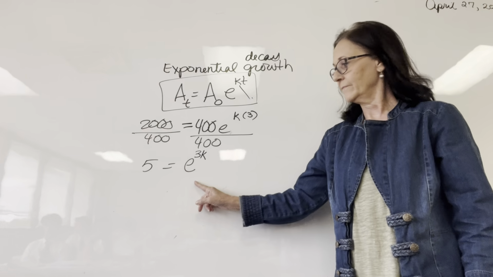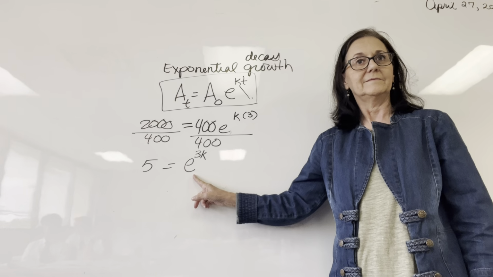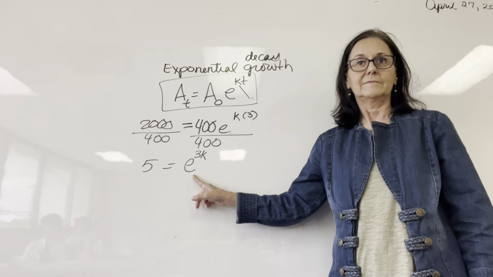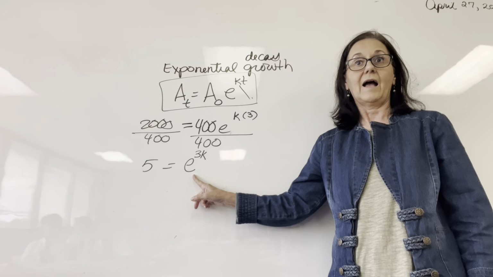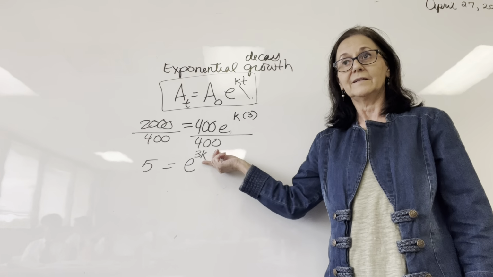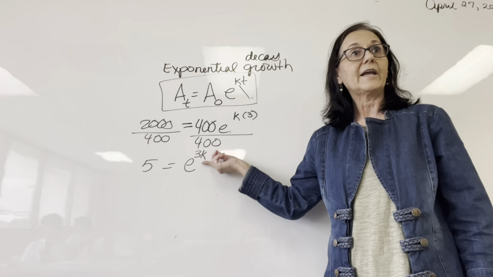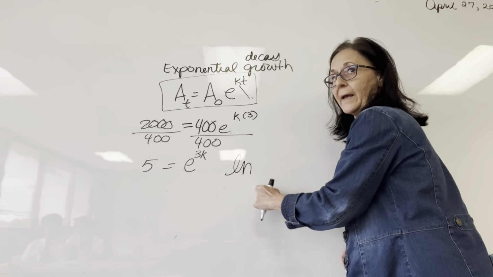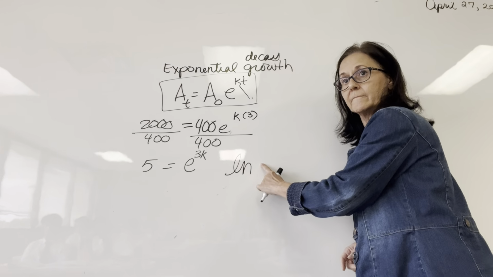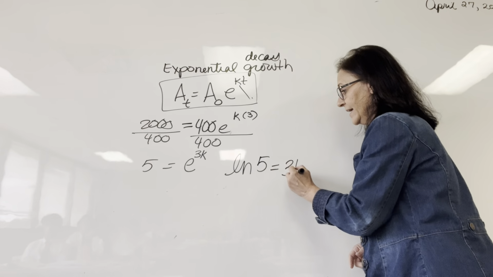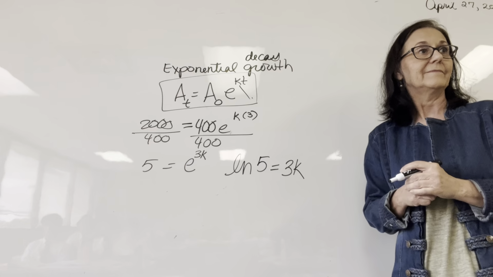Can I use logarithms? I can. When you're solving for the exponent, take the ln. My base is E. So 5 equals what? 3K. So divide by 3.